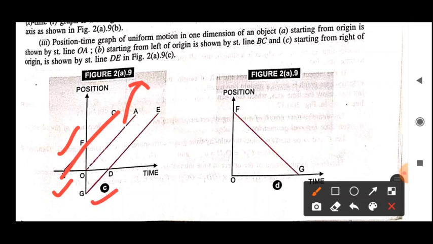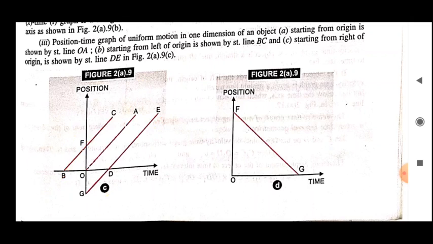In the third one, GDE, the position starts to change only after some time. Time has passed but the position has not changed to start with; after some time it started to change, and then we obtain this kind of graph.